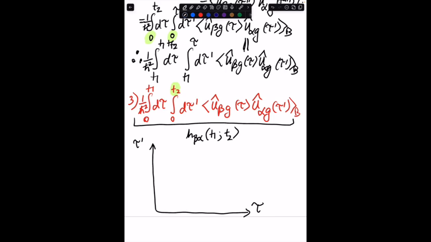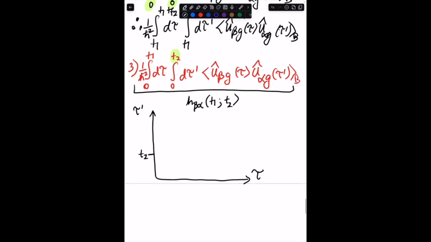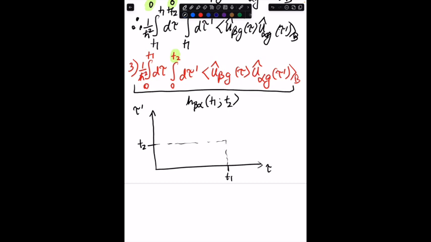Tau prime is integrated from 0 to t2, and tau is integrated from 0 to t1. So let's say this is t1. This is the region of time over which I want to integrate this function. I can call this ROI, or region of integration.